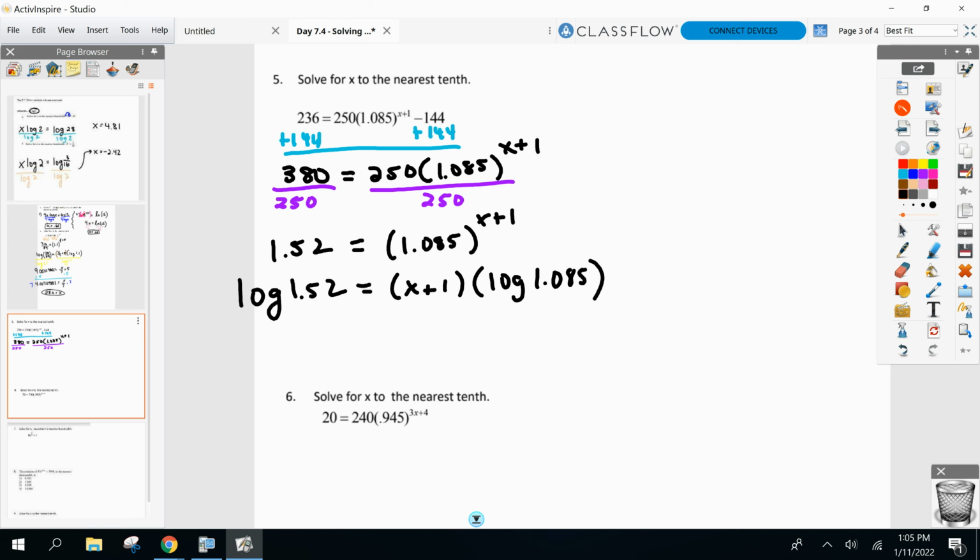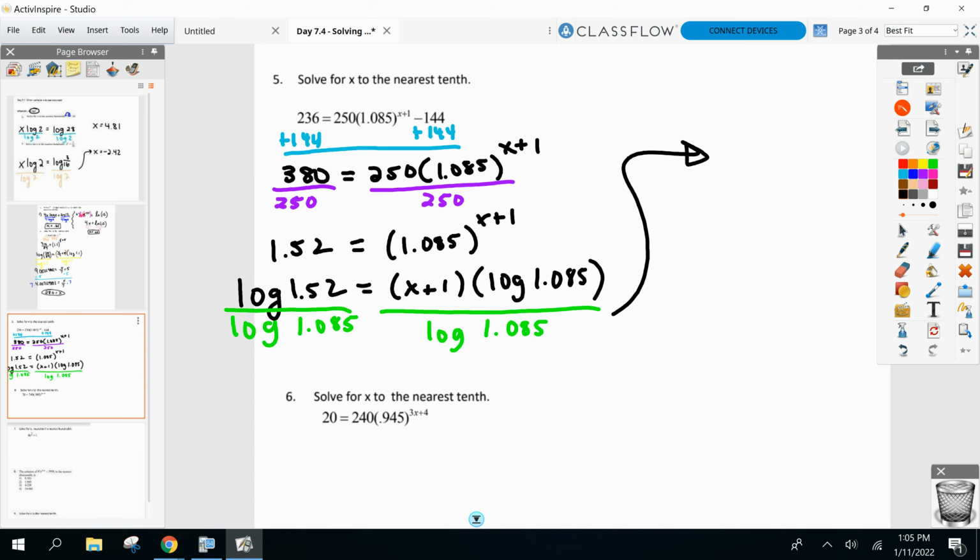Whew. Next. Divide by log. Make sure you bring the log with it, just not 1.085. You're better than that. Large decimal. 5 point, what we got there? 1, 3, 2, 5, 12891.